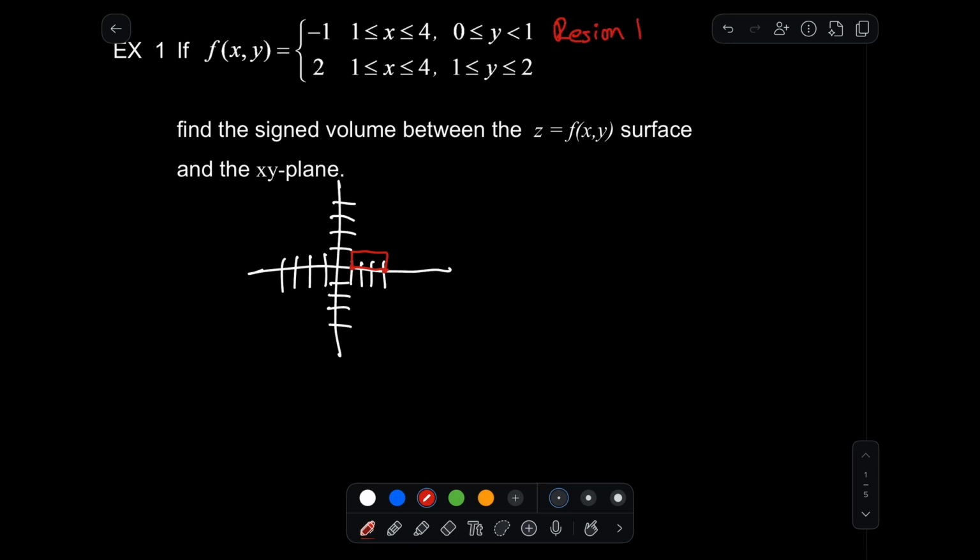And region 2 is like this. So it's the same x values, but we're going up by 1 for the y. And in that sense, this is the most fundamental basic example of this. We're just getting boxes, these big boxes, because these values are all constant.